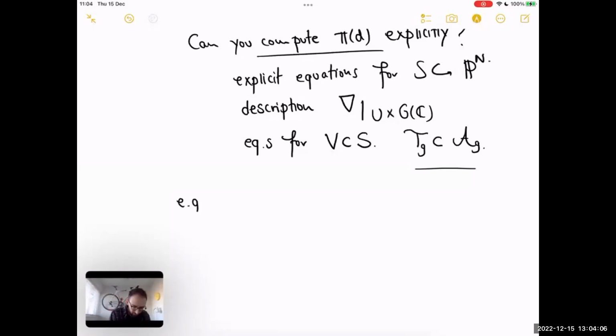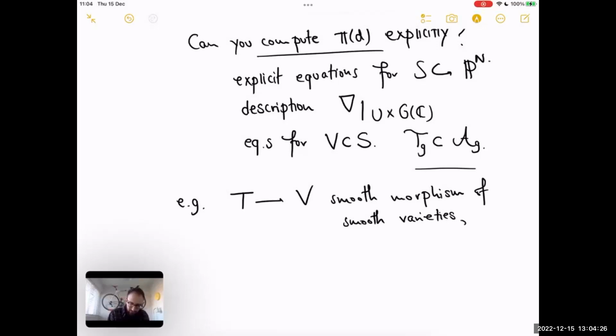So suppose you have, say, a smooth morphism of smooth varieties. And let's say, to increase our chances of having actually a system of equations, relative dimension 1.